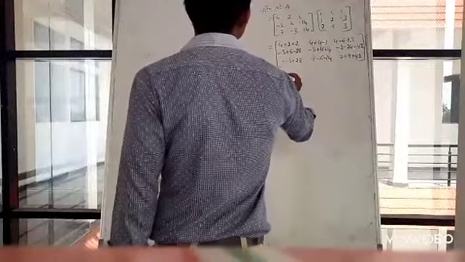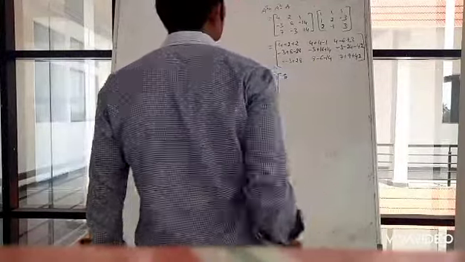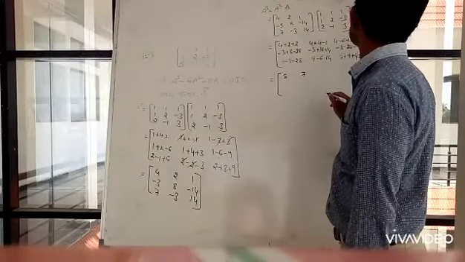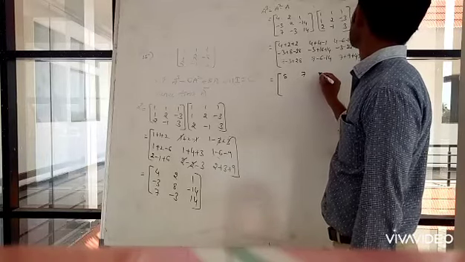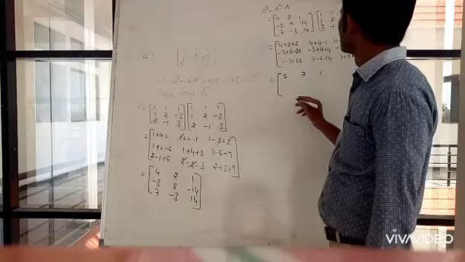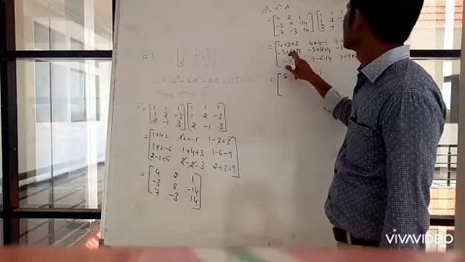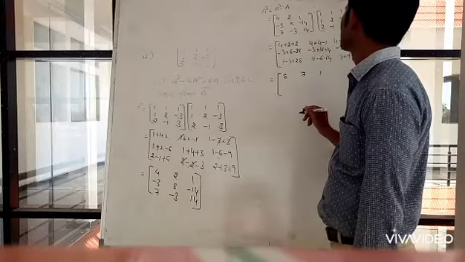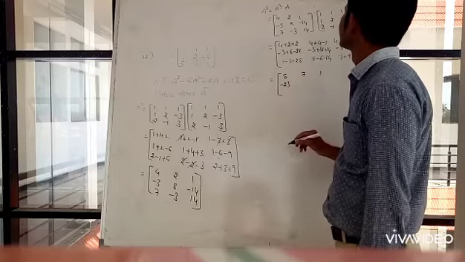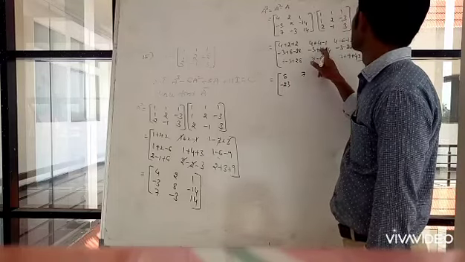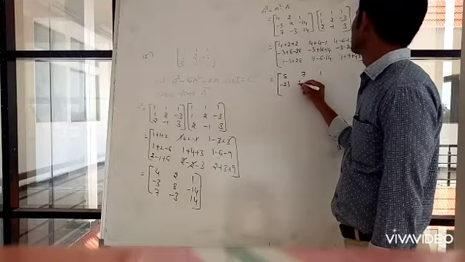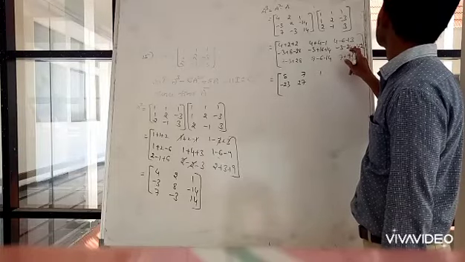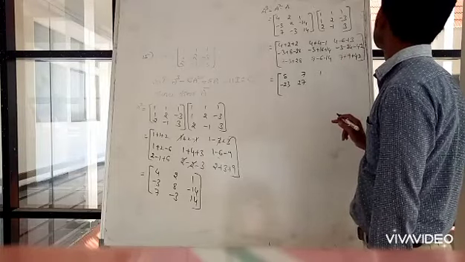Simplify, we get A cube: 4 plus 2 plus 2 is 8, 8 minus 1 is 7, 4 plus 3 minus 6 is 1. Minus 8 plus 3, minus 3 plus 8, plus 5. Plus 5 minus 28, minus 23. 13 plus 14, 27. Minus 3, minus 24, minus 27.